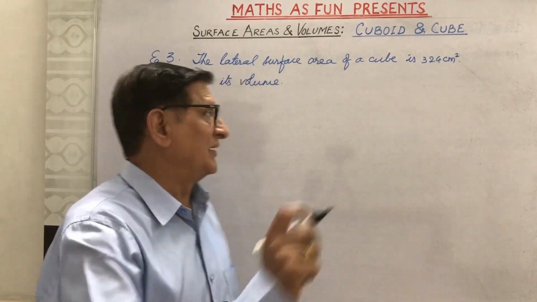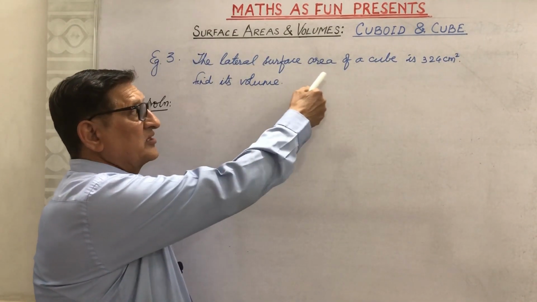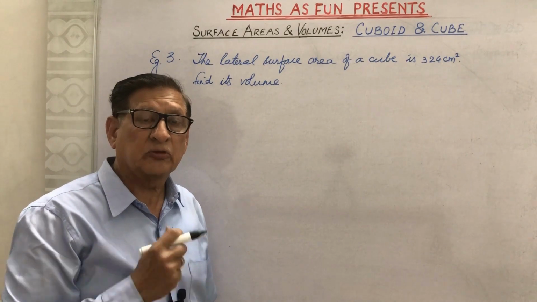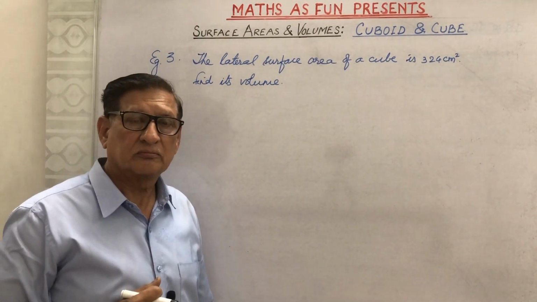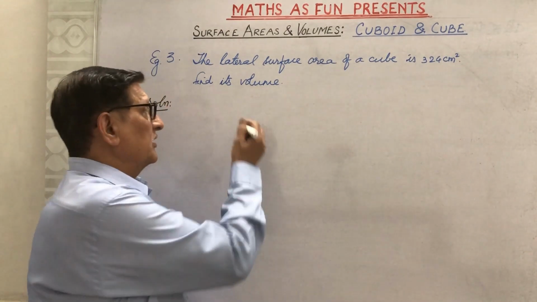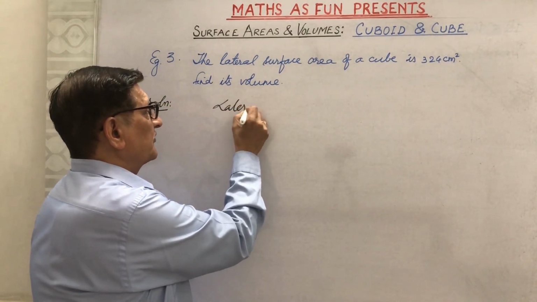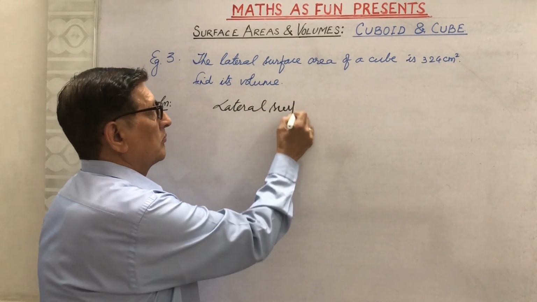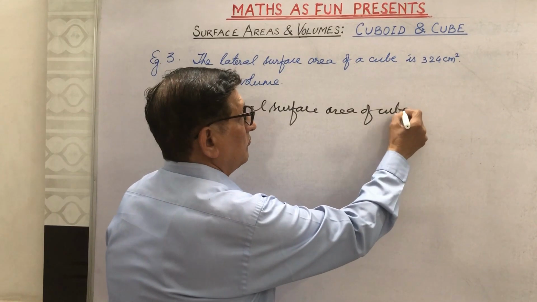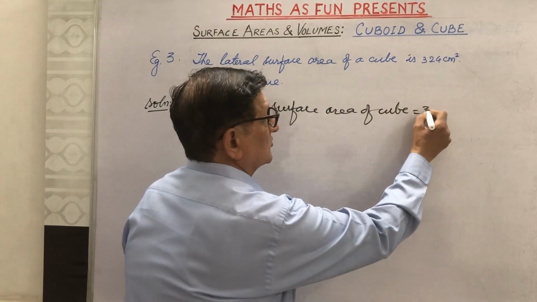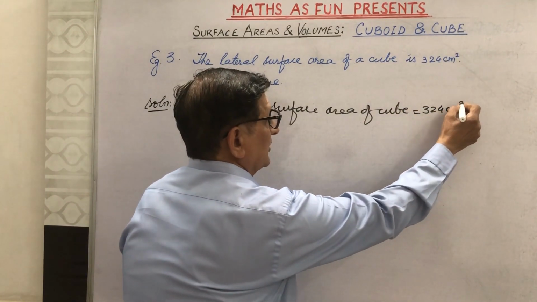The third example is: the lateral surface area of a cube is 324 centimeters square. Find its volume. We have been given the lateral surface area of the cube, which is equal to 324 centimeters square.